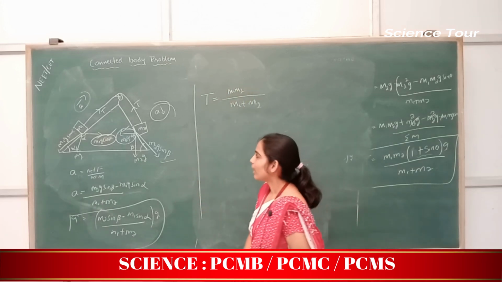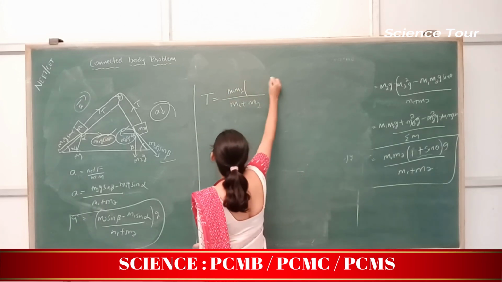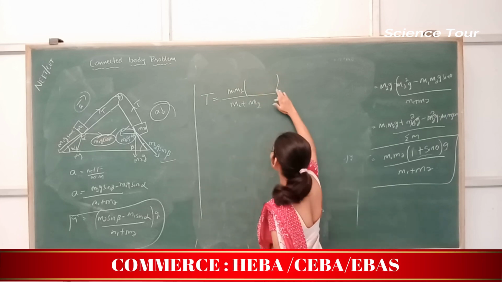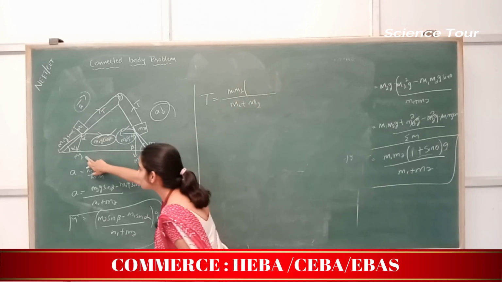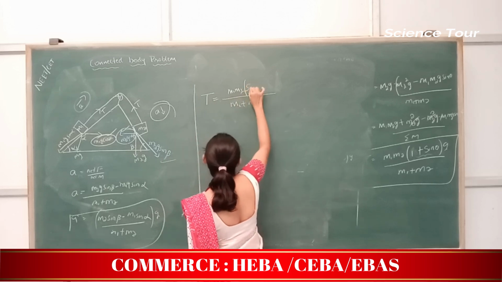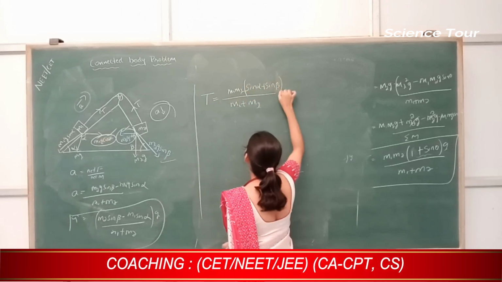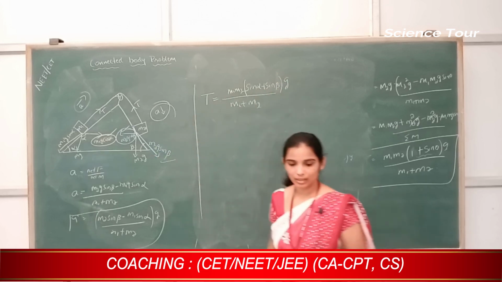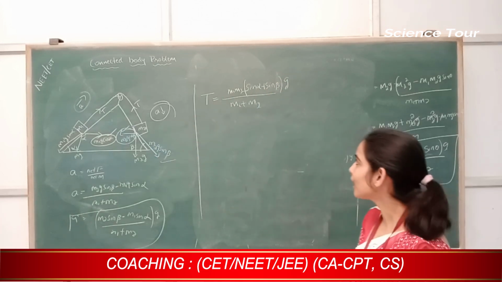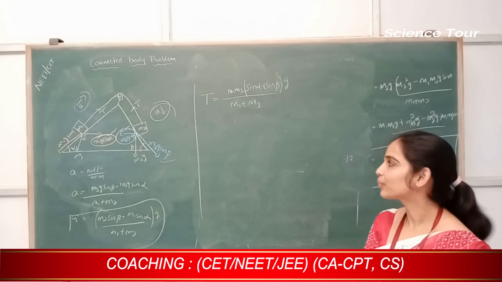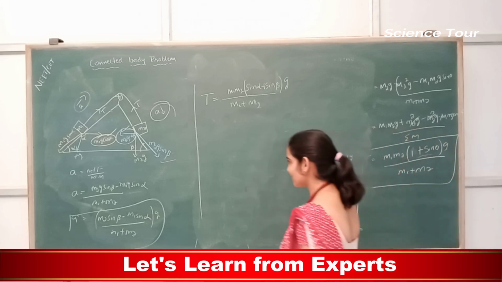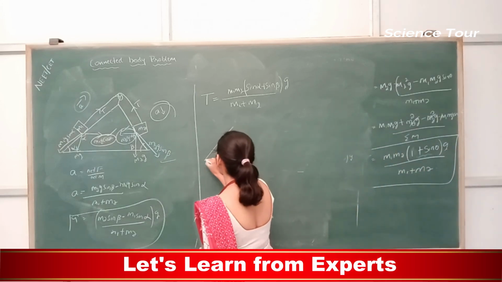Okay. And then two angles, right? Addition of sines of two angles. Sin alpha plus sin beta, sin alpha plus sin beta into g. So this is what your tension is. Am I clear now? In the previous case we just had one inclination.